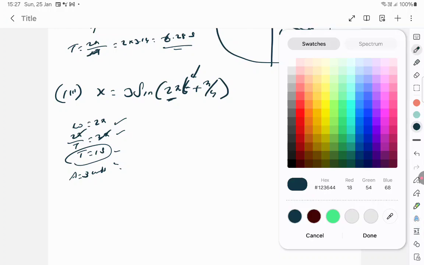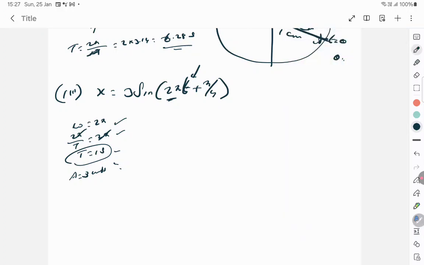So since it's a positive 3 sine, can I write it as 90 minus, because when I told you sine has to be written as cos with a 90 minus, can I write cos of 90 minus 2 pi t minus pi by 4? And can I switch this now?